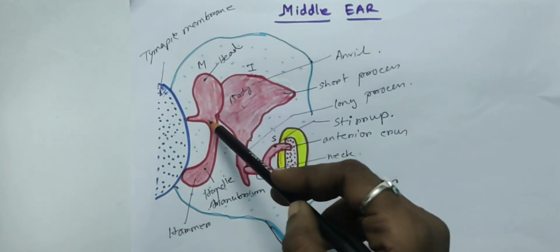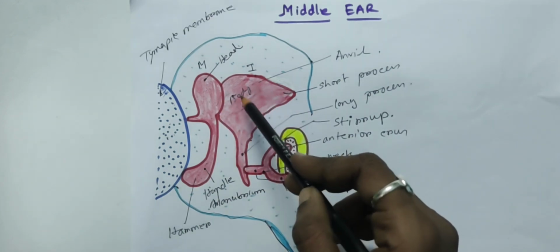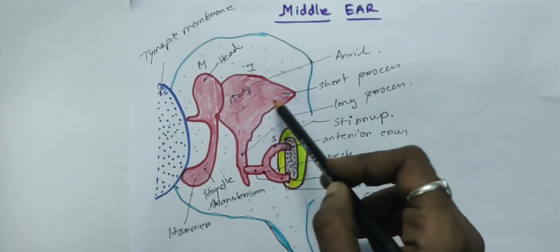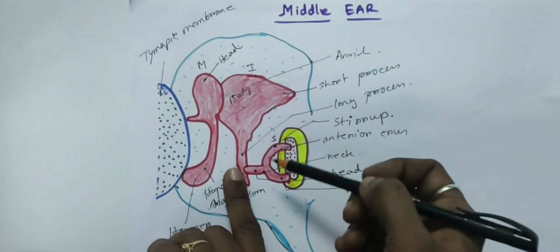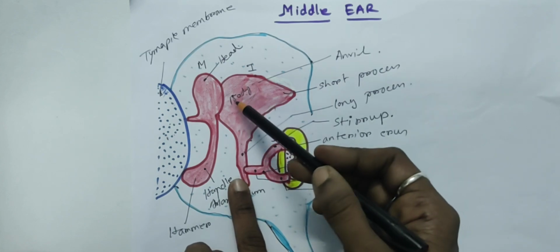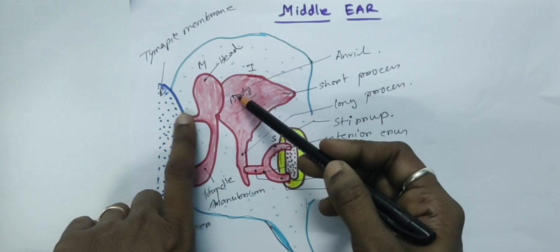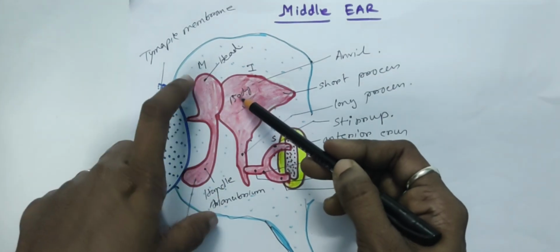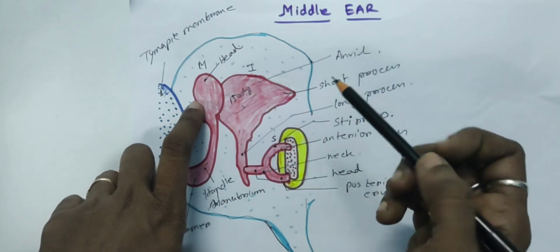After the malleus there is the incus. The incus has three parts: the body, a short process, and a long process. The long process articulates with the head of the stapes, and the body of the incus is articulated by the head of the malleus.